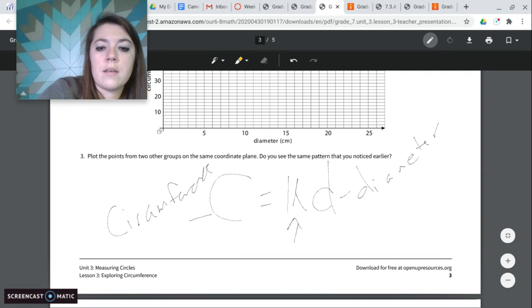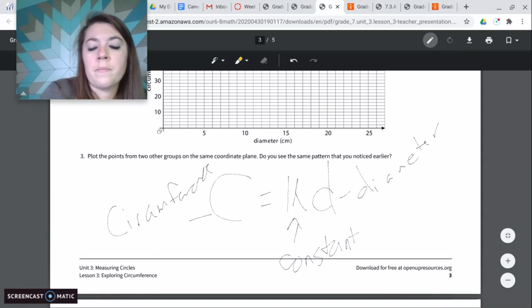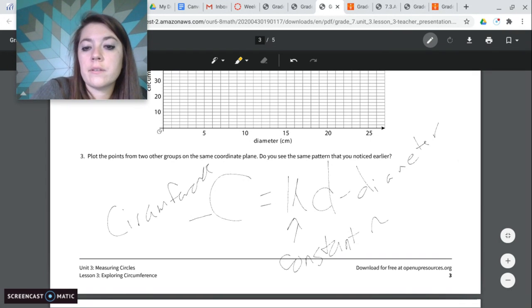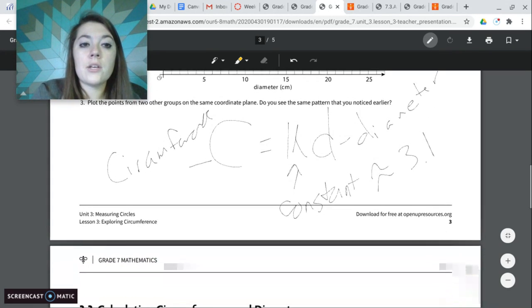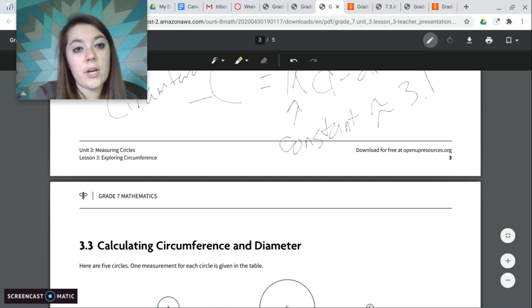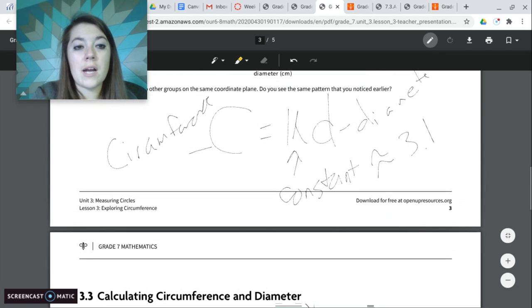And this is some constant, which, looking back at that, would be about 3.1. Now, in actual terms of circumference, it's pi. We'll talk more about pi later. But what we're going to use as our constant is about 3.5.